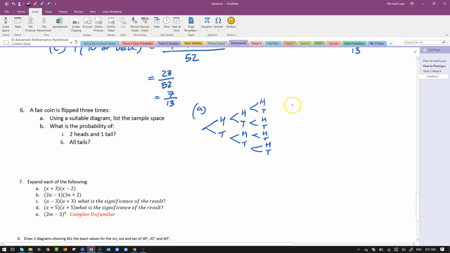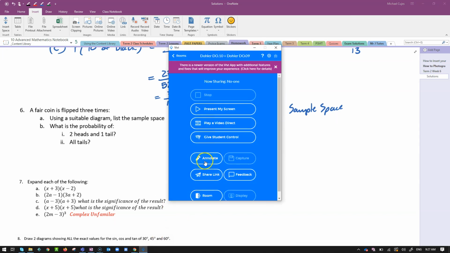Question 6, sample space for tossing a coin 3 times. List the sample space. It happened about 7 times in my last class, so this hasn't been too bad.